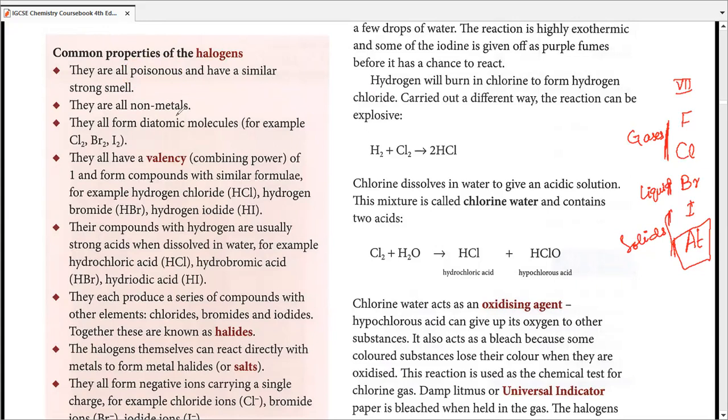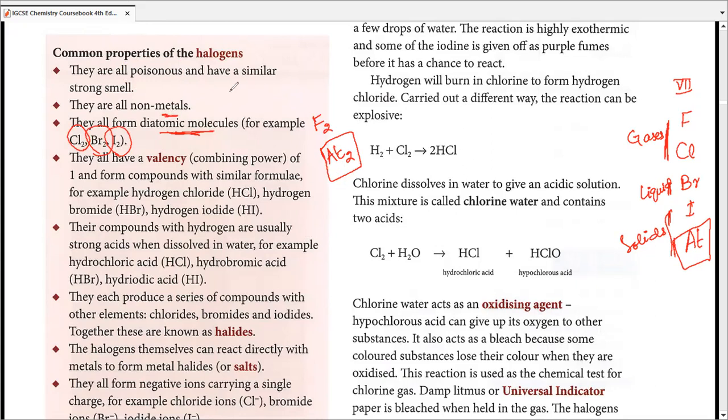They're all non-metals. They all form diatomic molecules. Since they exist in pairs: Cl2, Br2, I2, of course, F2, or if we talk about At, it's going to form At2. So remember the same properties. Whichever property they ask you to predict for At, of course, you can do it with the rest of the group. For example, if all of them are non-metals, of course, At would also be a non-metal.